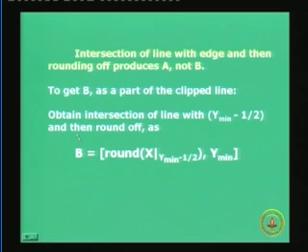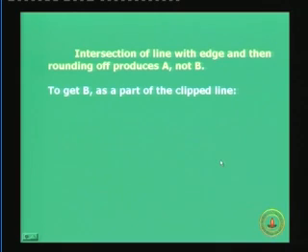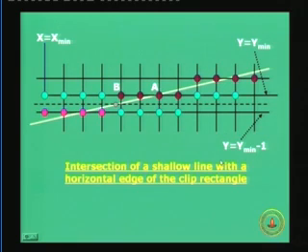Remember what we have to do. The solution says obtain the intersection of the line with the horizontal line y min minus half. That y min minus half line should lie, it is a horizontal line, between y min and y min minus 1, and then you need to have an intersection of the line with this y min minus half and then round off. So, this is the formula to obtain the x intersection for y min, and let us go back to this figure and see what this basically means.